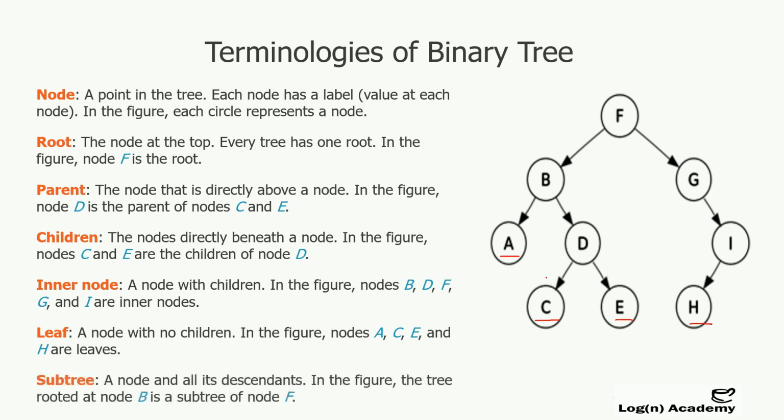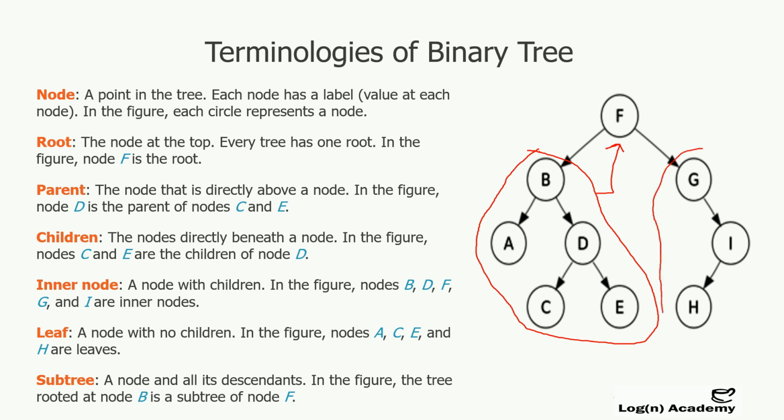A subtree is a node and all its descendants. Here, for F, these are all descendants, and this whole structure is a subtree of F. In the same way, on the right-hand side, all these nodes are descendants of F, right?